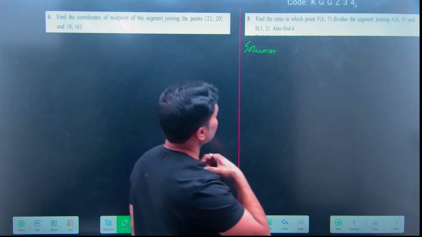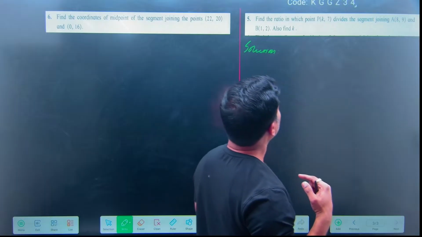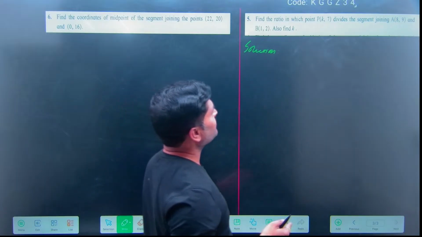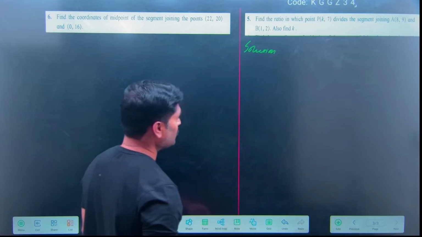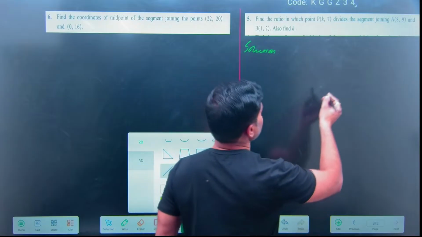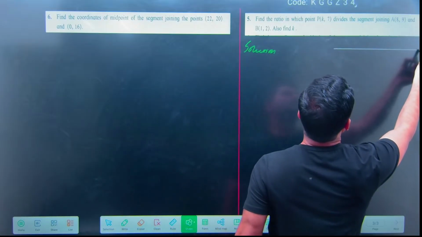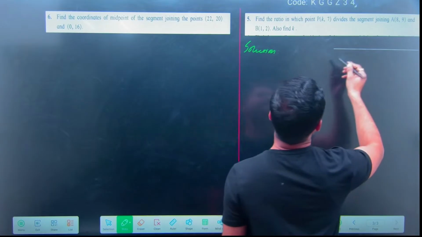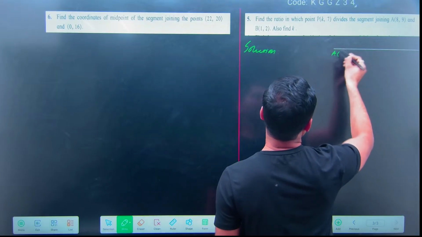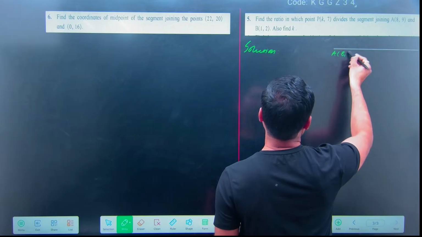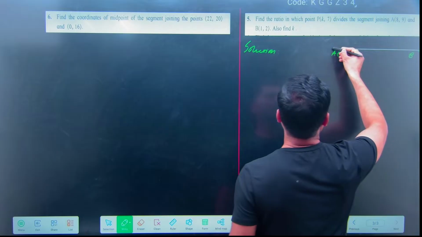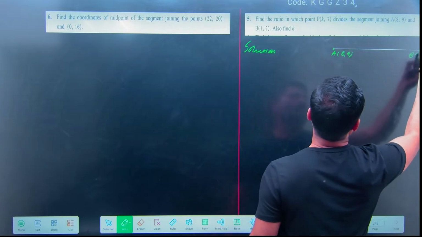Again in sum number 5, you have to find the ratio of that point P and then we have to find the value of this unknown K. So let me explain with the help of a figure. Suppose this is segment AB with coordinates 8, 9 and 1, 2.